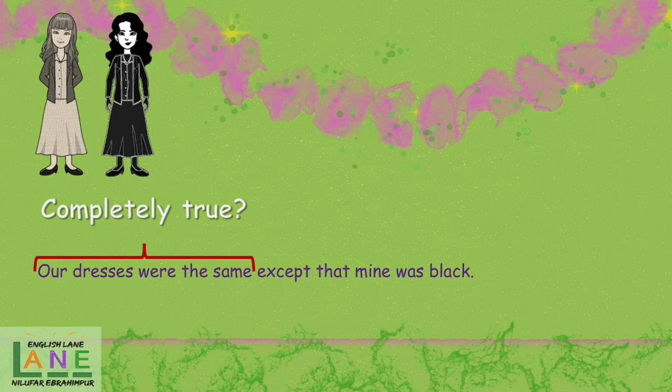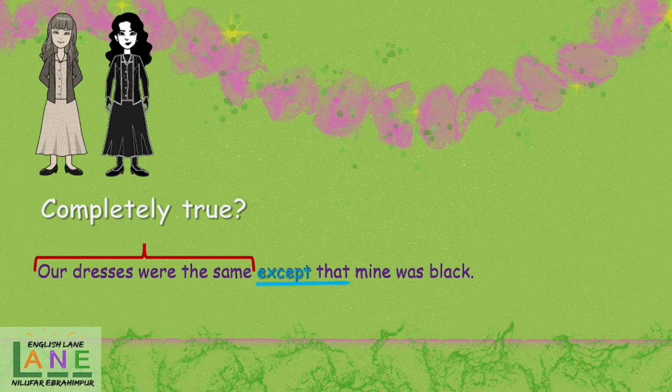The sentence is not completely true. So I want to add some more information to make this complete. So what do I use to show that this sentence is not completely 100% true? I use the word except.